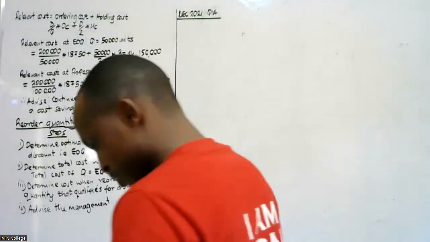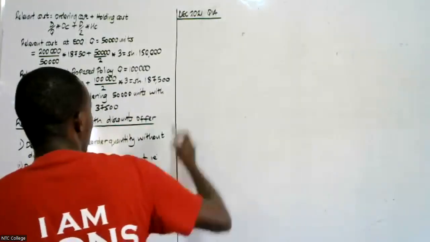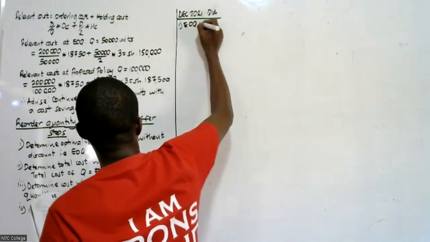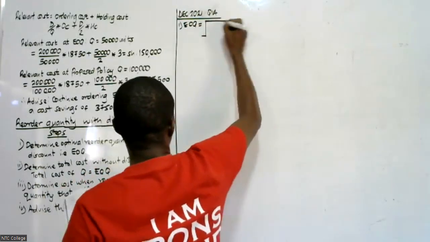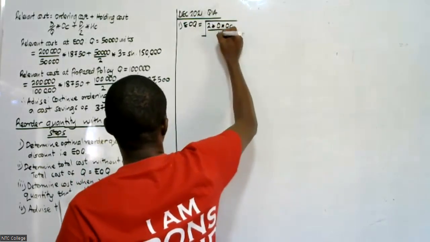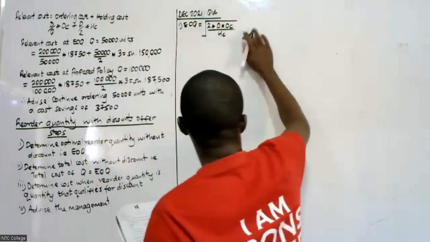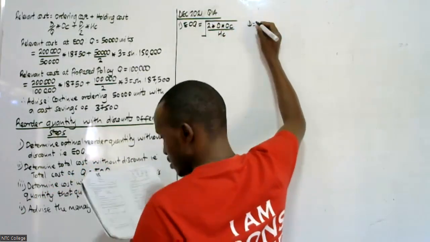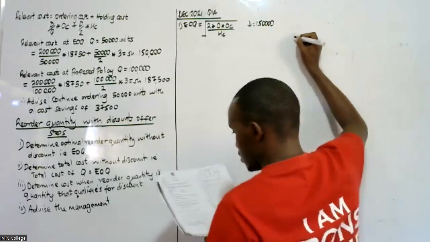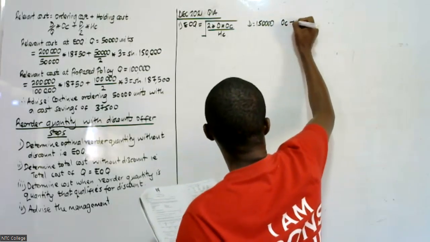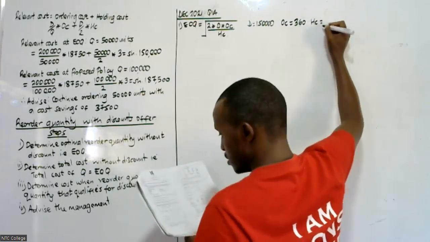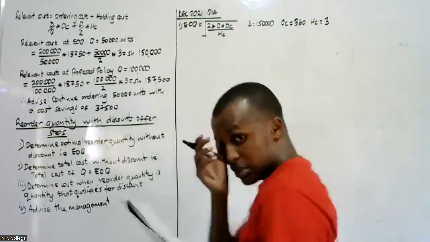So, part 1A, they're asking for the EOQ. It's given by the square root of 2 times D times OC divided by C, where D is 150,000 components, OC is the ordering cost, and C is 3 shillings per component.